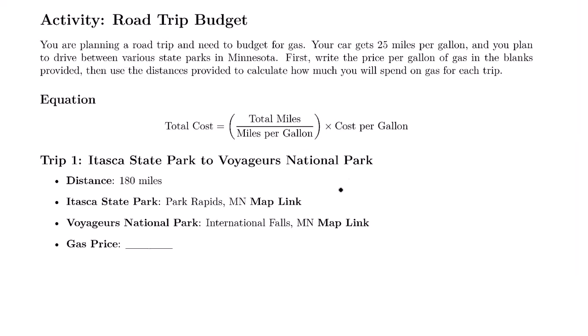All right, let's get started here. So let's say that the gas price, now I'm just going to guess, is $3.25. Okay, that's what our gas is going to be. Now let's follow our formula. So our total cost is going to be the total number of miles, 180 miles between the two parks, divided by 25, because our car or RV gets 25 miles per gallon.